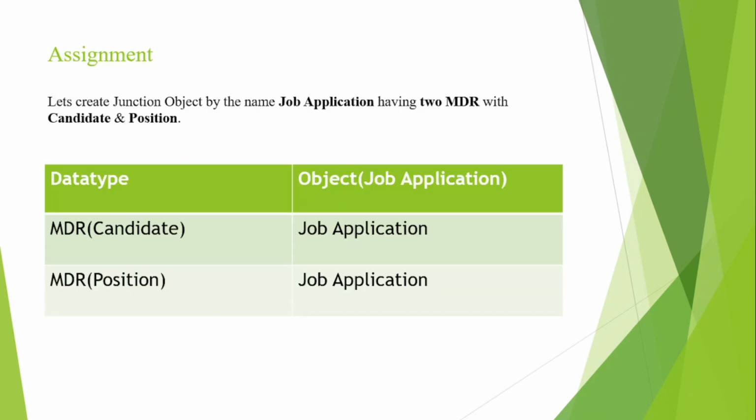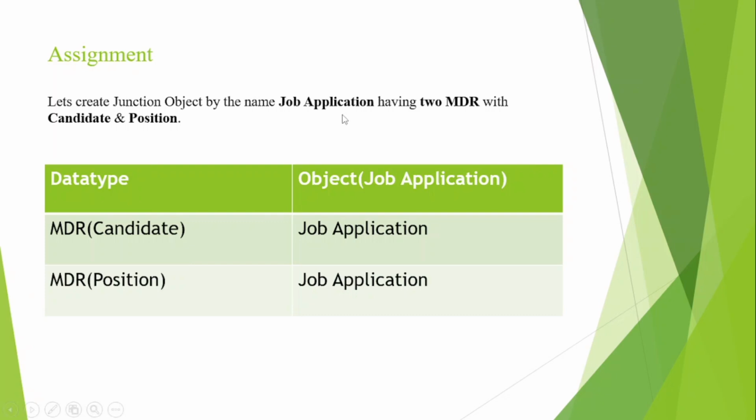So the assignment for today is, let's create a junction object by the name job application. So what is job application? A custom object. First we are going to create a custom object, and if we create two master detail relationships on that object, then it is converted into a junction object. Simple. First we need to create job application.